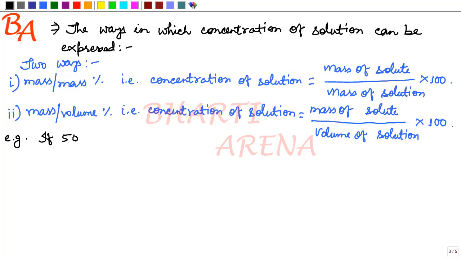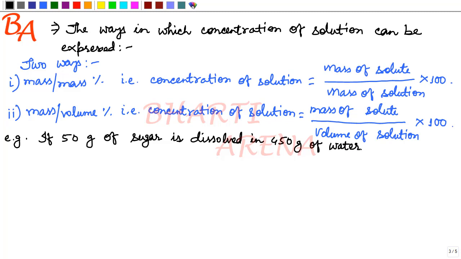If 50 gram of sugar is dissolved in 450 gram of water, find the concentration of solution formed.